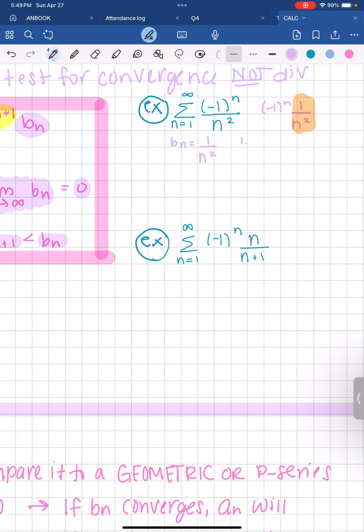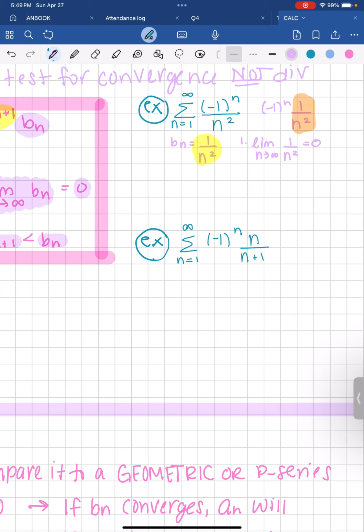So step 1, we're going to show the limit as n approaches infinity of what we just said B sub n is. A common mistake is we look at this and we say, oh, this converges by p-series. You're right, but that's not the correct condition for the alternating series test. We need to show that the limit as n approaches infinity of B sub n is equal to 0. It is.